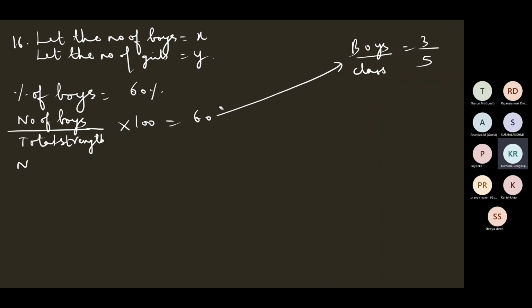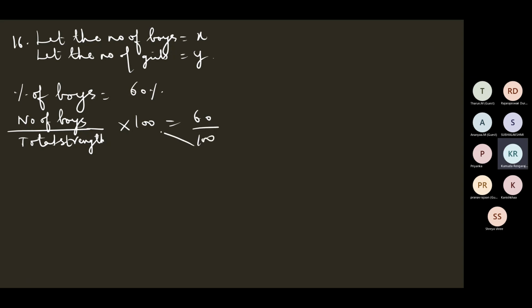For 60%, you should not use 100 again. 60% should not be written as 60 by 100 because that 100 is only here in the formula, as into 100. It's only equal to 60. Okay.